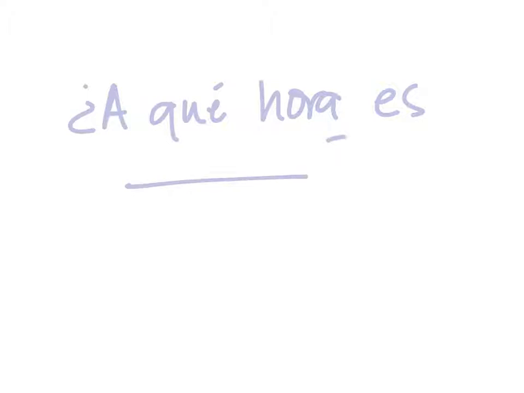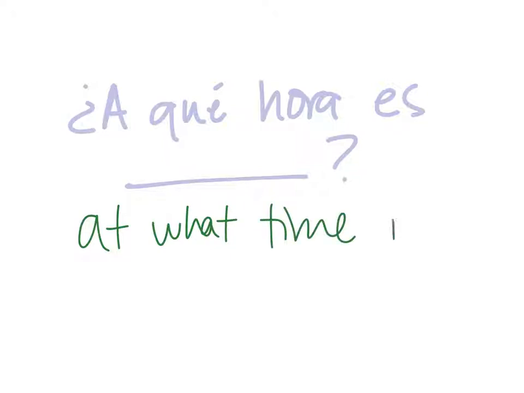All right, so a couple more phrases that you might want to know is you could say this: ¿A qué hora es? And then whatever it is that you're trying to ask about. That's like saying, at what time is whatever.